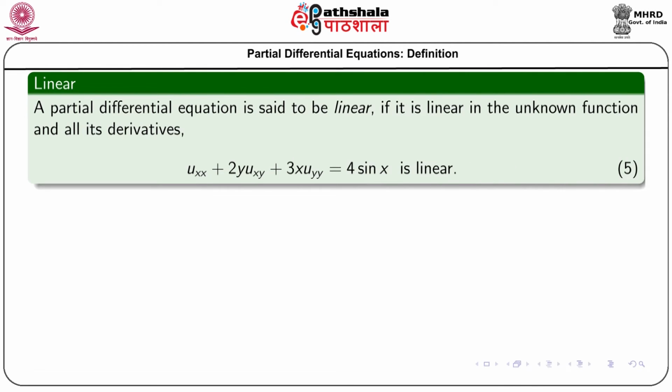Now, according to complexity, we can categorize a partial differential equation into 4 categories. The simplest one is the linear partial differential equation. A partial differential equation is said to be linear if it is linear in the unknown function and all its derivatives.